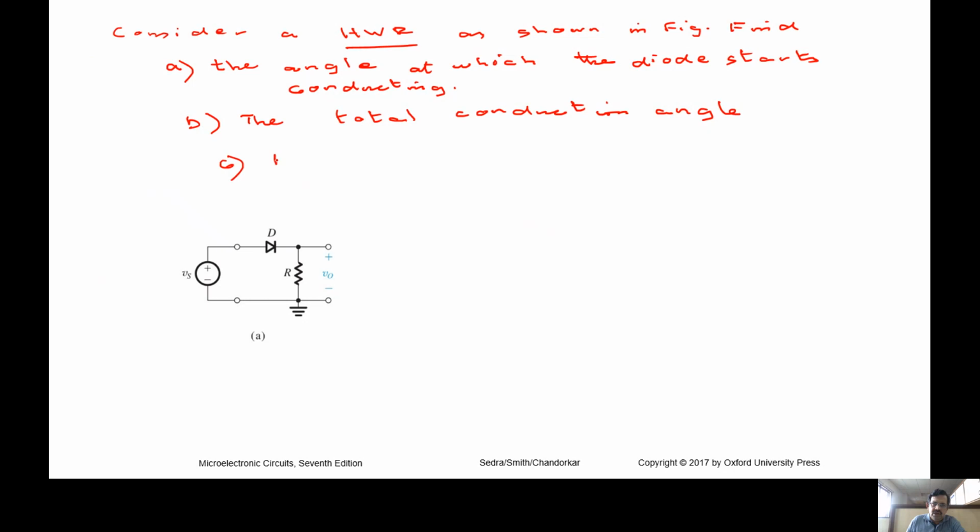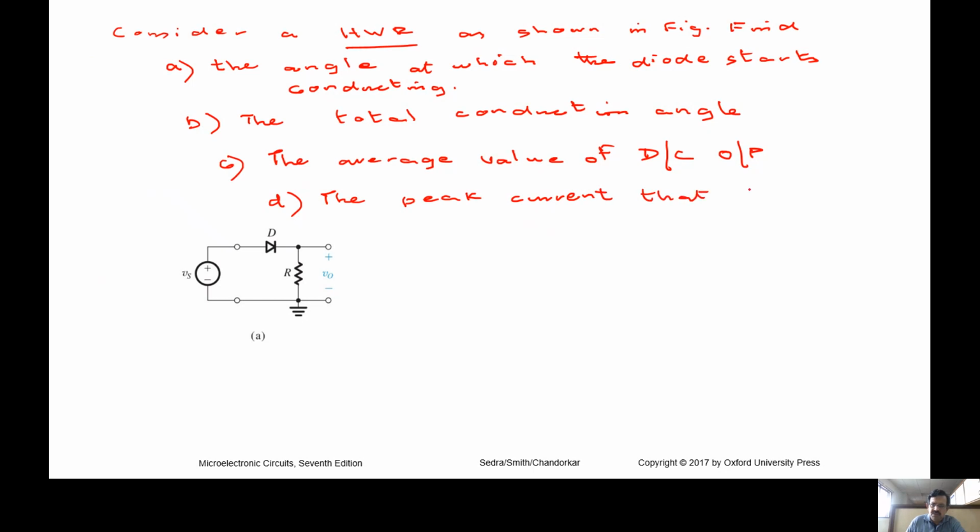C, the average value of DC output. D, the peak current that flows through the circuit or the diode. And E, the peak inverse voltage.